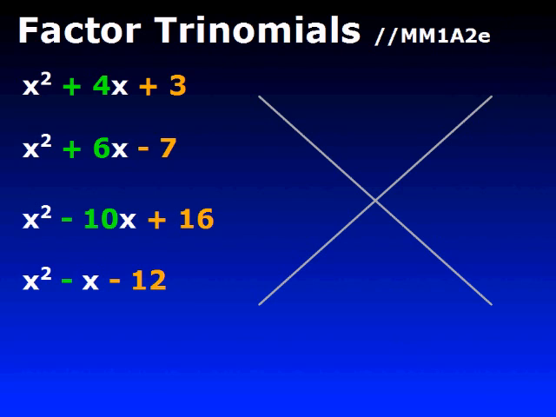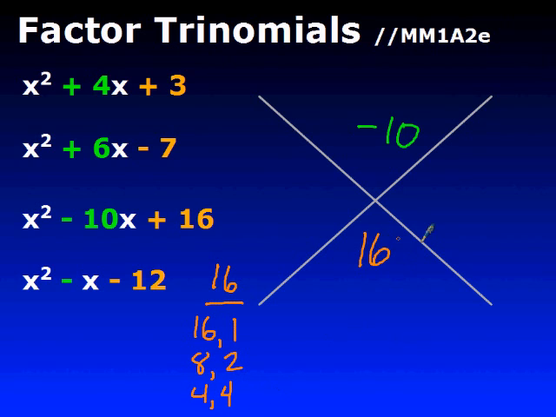The third question, x squared minus 10x plus 16, -10, 16. Okay, help me out here. Let's factor 16. Let's see, I get 16 and 1, 8, 2, 4, and 4. Because this answer is positive, I know that the signs on the two numbers must match.